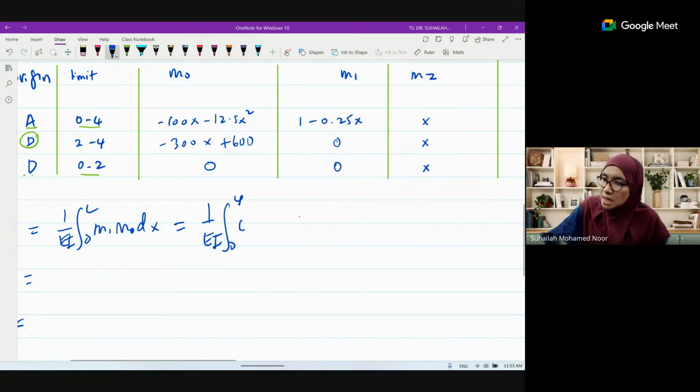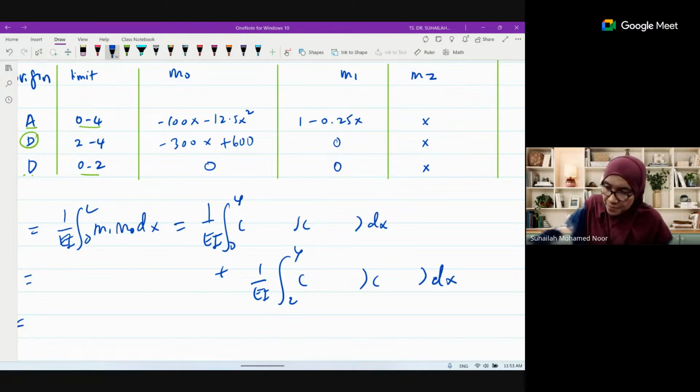So tulis balik dx. Tulis lagi. Section number 2 from 2 to 4. Tulis lagi. Kan tulis ni banyak kali tulis kan. Take time right. And then bila you tulis, sometimes you transfer ke sini tertinggal negatif, tertinggal X. Betul? Kan sometimes ada possibility tu kan. So tak payah tulis banyak kali. Cukup moment equation tu ada dalam table.